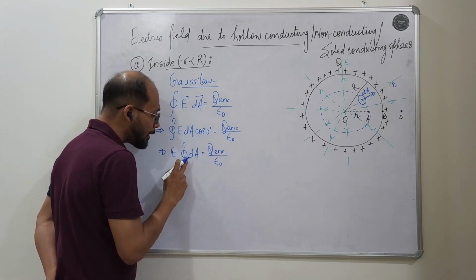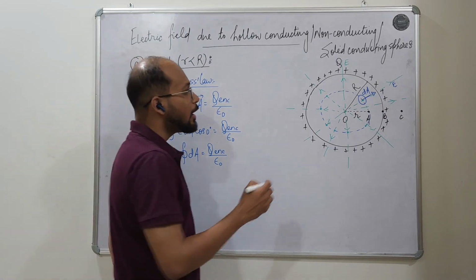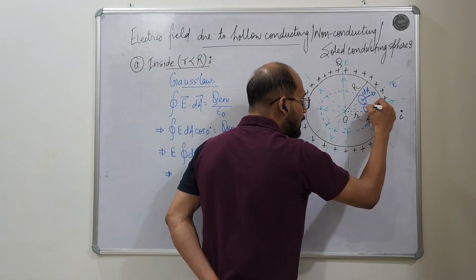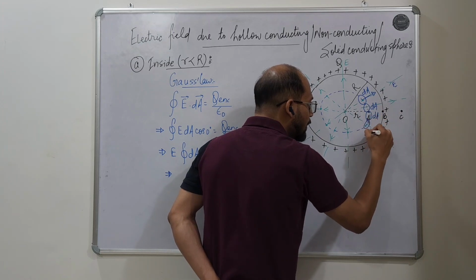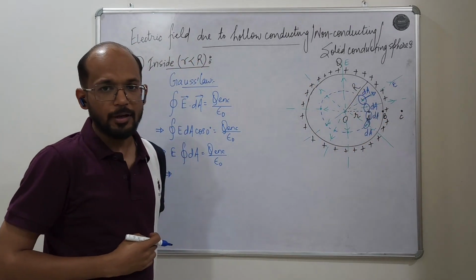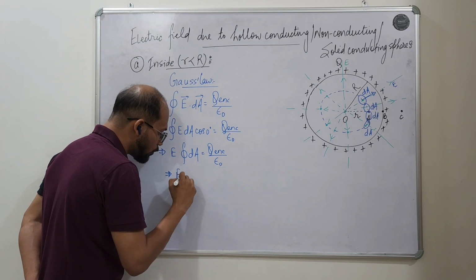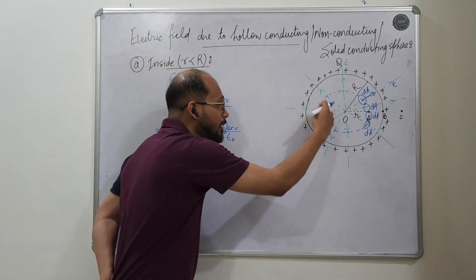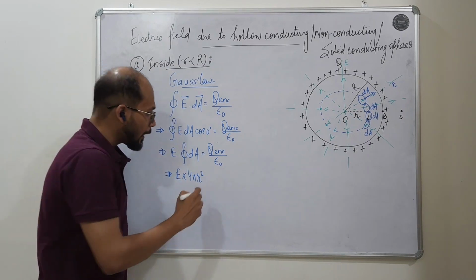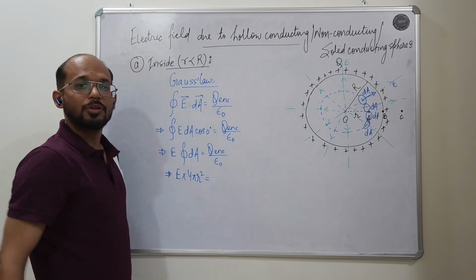Now, what will be the value of the closed integral of dA? If we take dA and add all these dAs, we will get the total surface area of the sphere. That means it will be equal to 4 pi small r square, because the radius of the Gaussian surface is r. Now, what is the total charge enclosed in the Gaussian surface?